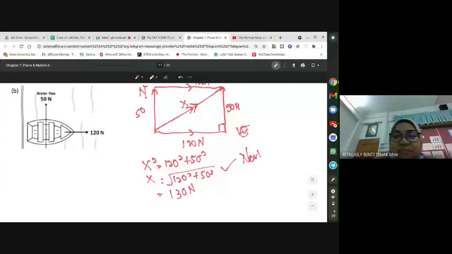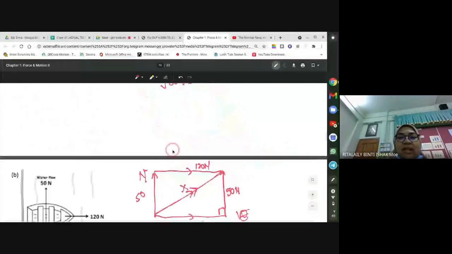If we show using Pythagoras theorem for the answer, and we need to state the direction, the direction is northeast. So this one is also northeast.